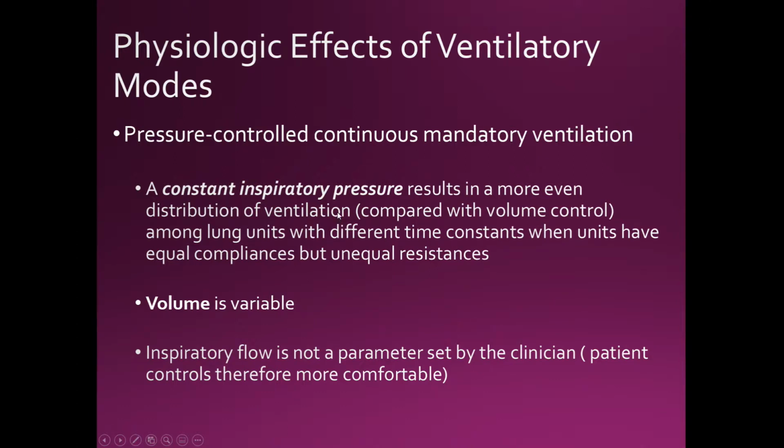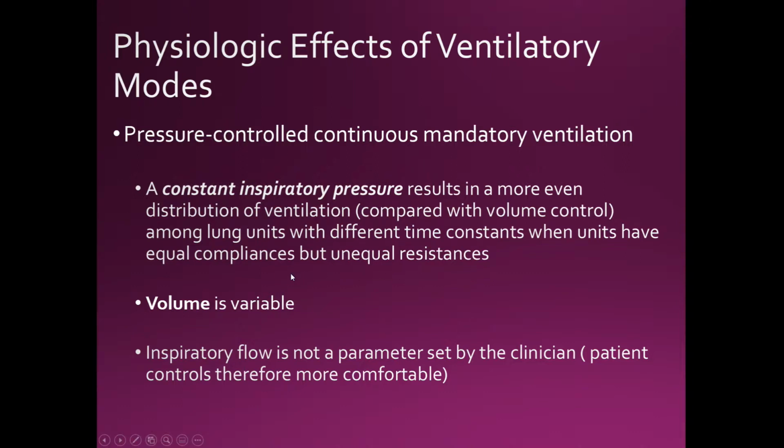Because the pressure is constant. And when the pressure is constant, it's going to show a constant waveform, which is the square waveform. And when you have pressure and a square waveform, that means that is the highest amount of mean airway pressure that the lungs are going to get.